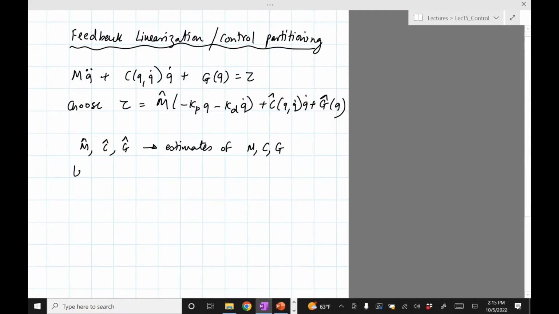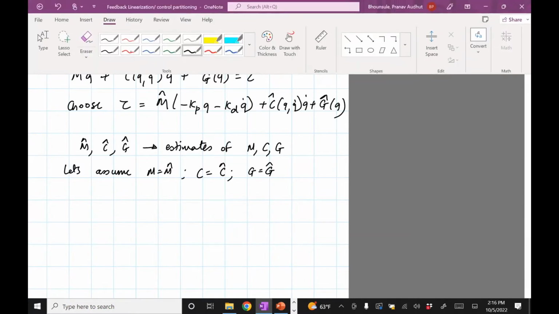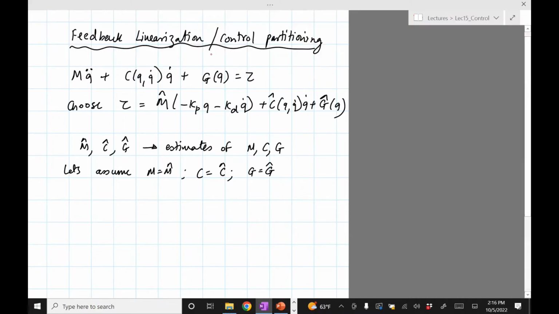Now, just for analysis, let's assume m equals m hat, c equals c hat, g equals g hat. Okay. So if that's true, then we can plug that back into the equation. We call that equation 1. So let's substitute 2 in 1.